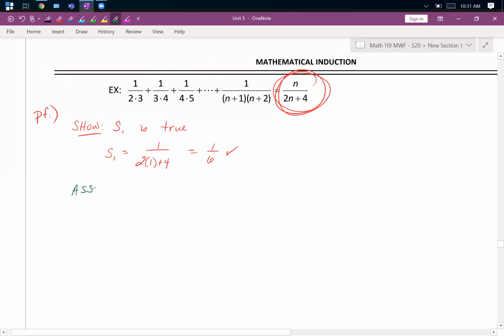Next, we want to assume that S sub k is true.